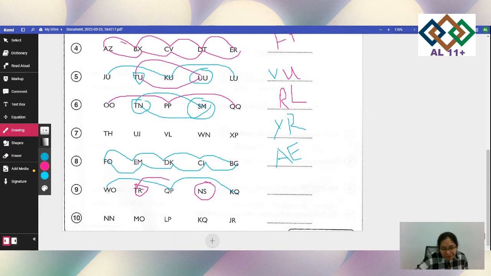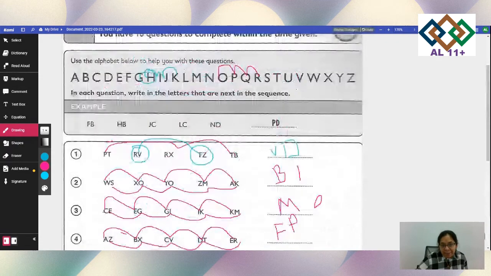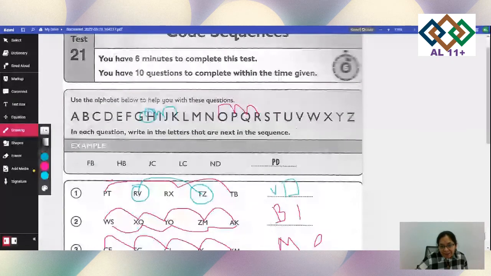So we are looking from T to N and then R to S. So let's look at T to N. I'm rubbing the ones on the top so you don't get confused. T is here and N is here.